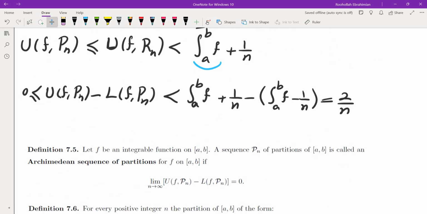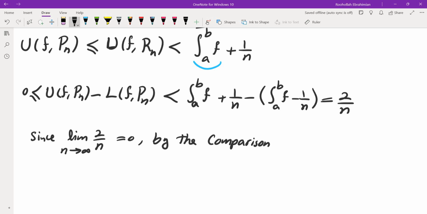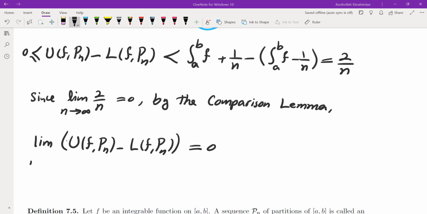Now, since the limit of 2 over n is 0 as n approaches infinity, by the comparison lemma, the limit of the upper sum minus the lower sum is in fact 0 as n approaches infinity.